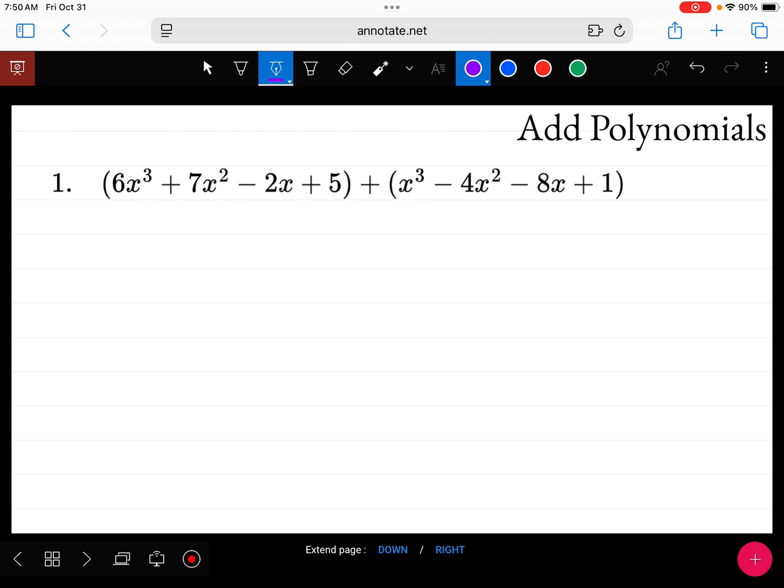It is 100% combining like terms. These parentheses, since we are adding, don't actually do anything for us.